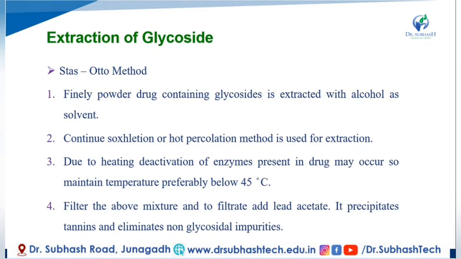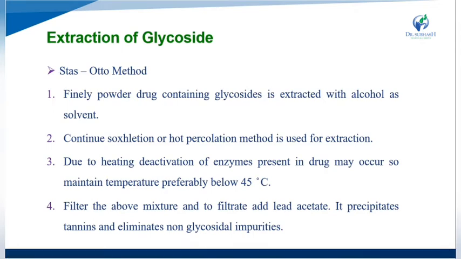This is the short Otto method, that is, the extraction process of the glycoside. First we take the finely powdered drug containing glycoside and extract it with alcohol as the solvent.